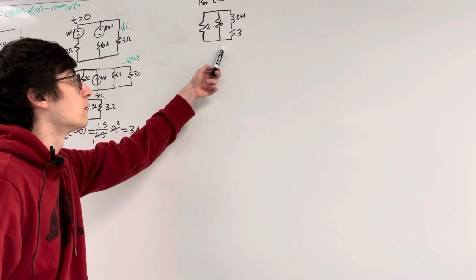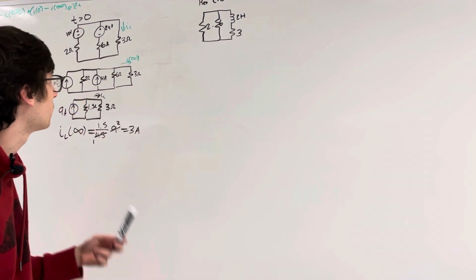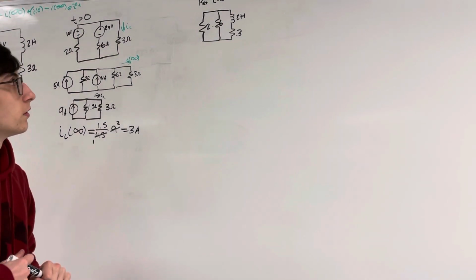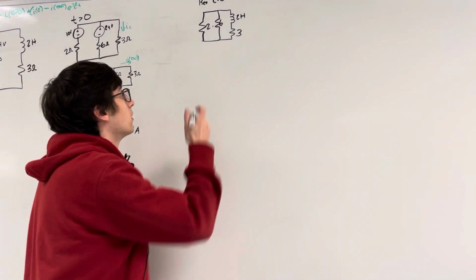All right, here's our circuit to find Req when time is greater than 0. So I just turned off all the voltage sources. All right, so now we need to find the Req with respect to the inductor.